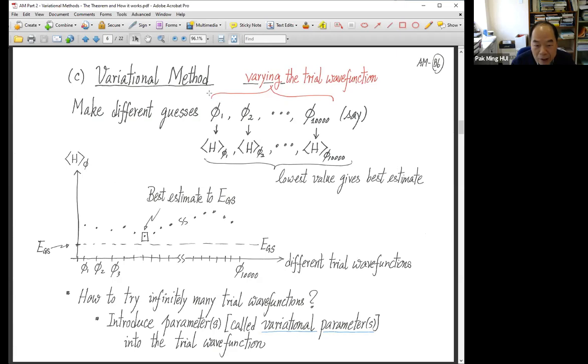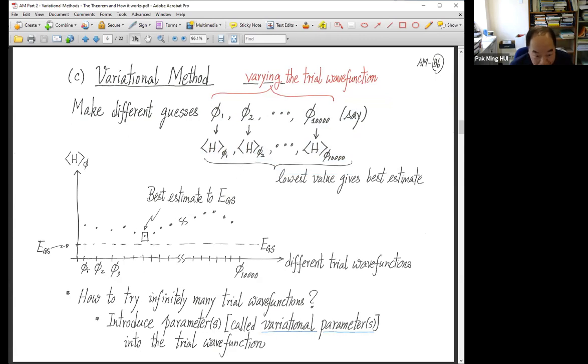For example, here I depict that we make 10,000 guesses, 10,000 trial wave functions. Thereby, you will get 10,000 expectation values. Each one of them will be higher than the actual unknown ground state energy.